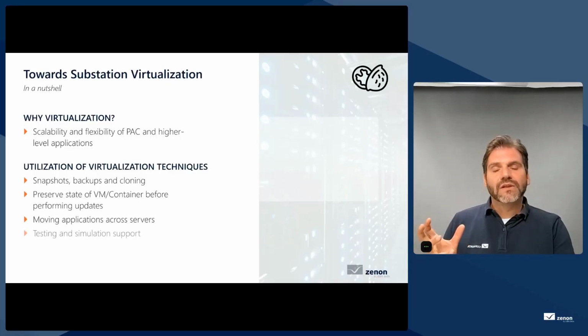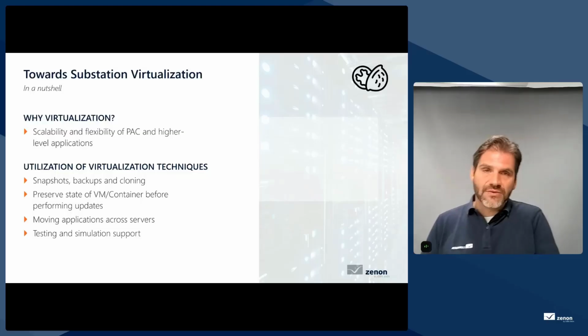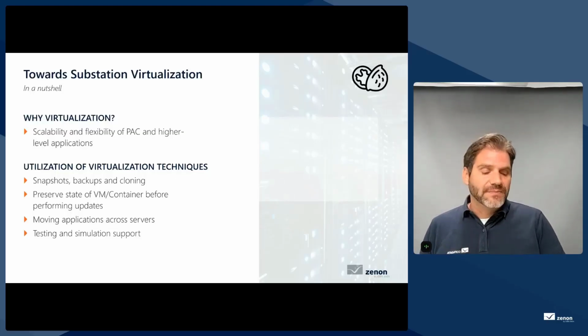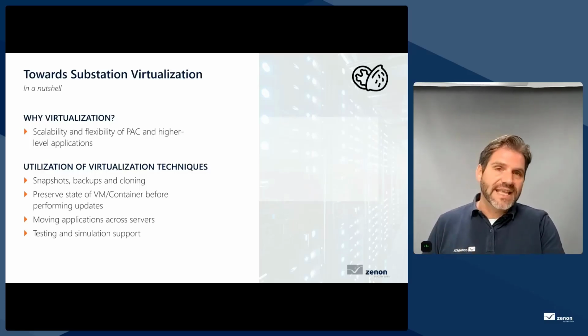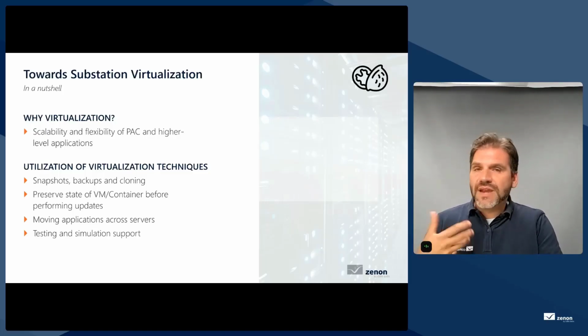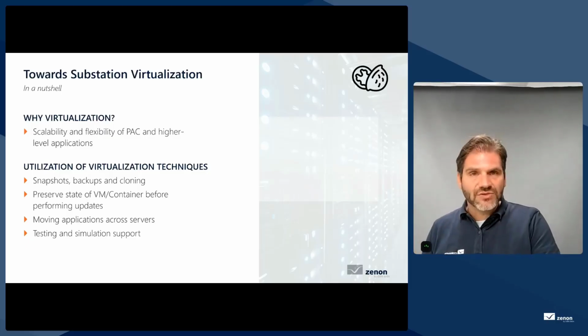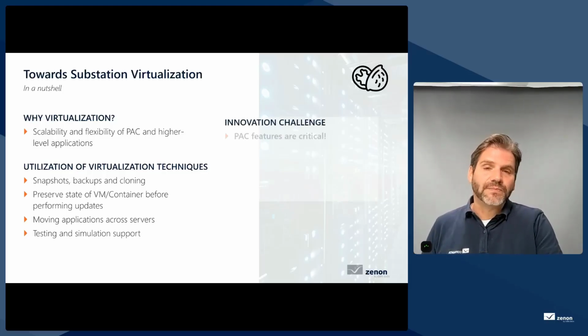If we think about what virtualization can do, like virtual machines and containerized applications, which we already know from the IT environment, such as taking snapshots, backups, or cloning, moving applications across different servers, or preparing images for testing and so on, these are quite interesting use cases which can be followed up here.